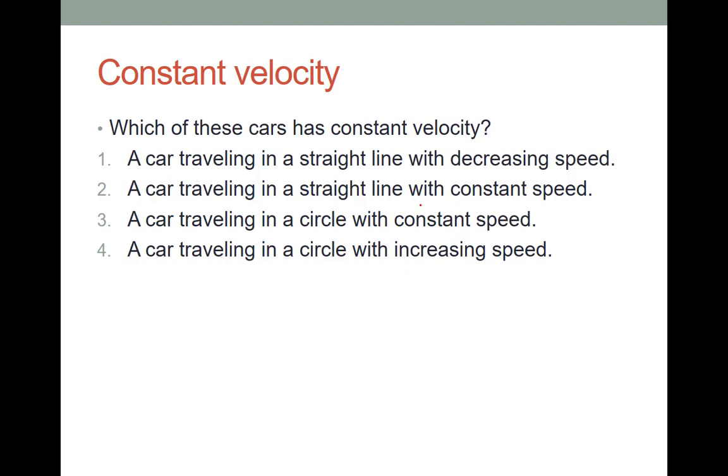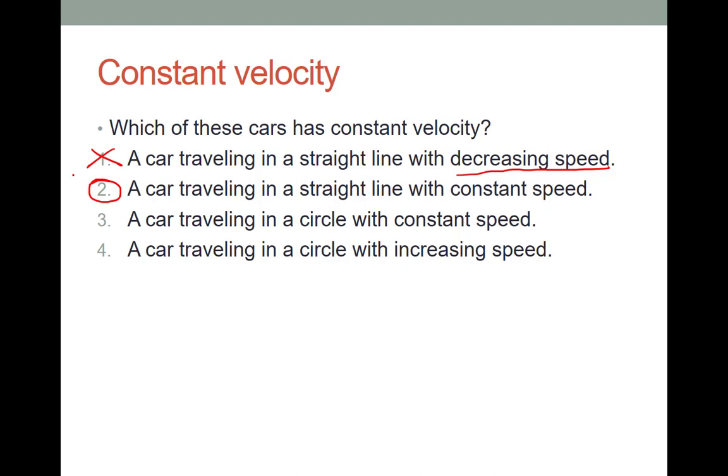We can see that car 1 is decreasing speed, so its magnitude is decreasing. So number 1 is out. Car 2 is traveling in a straight line with constant speed. Because it's going in a straight line, its direction is constant, and we're told that the speed is constant. So number 2 is an example of constant velocity.